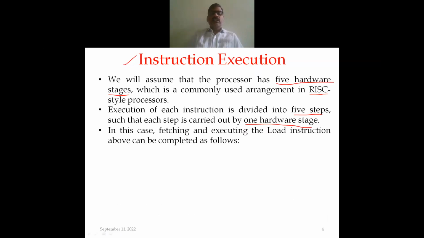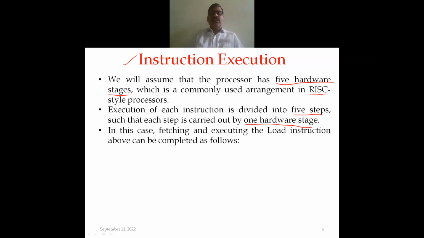So we are considering 5-step instruction execution, with one hardware stage for each step. That is why it is called 5-stage hardware, used in RISC style processors for instruction execution.